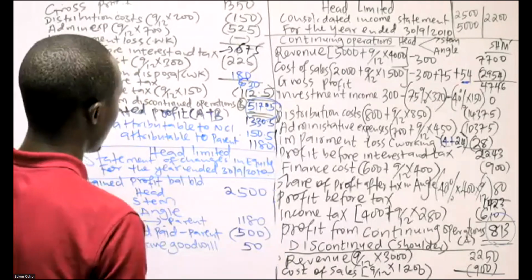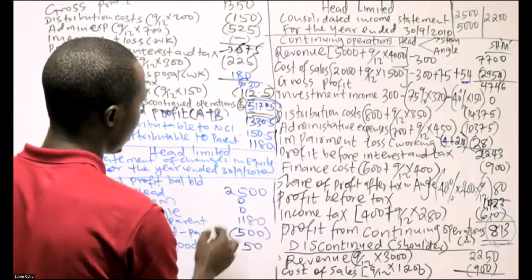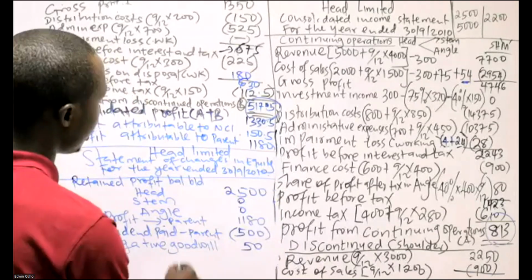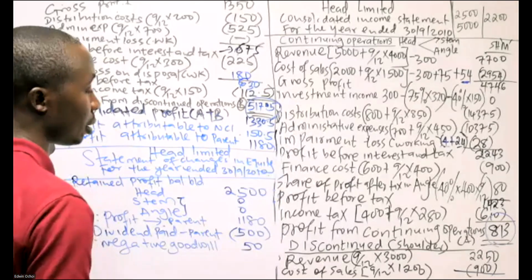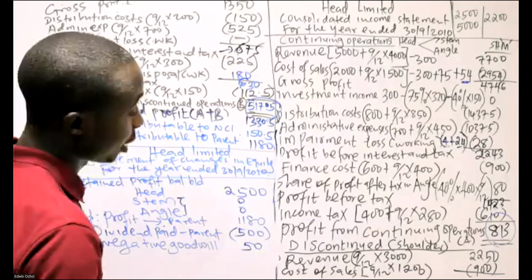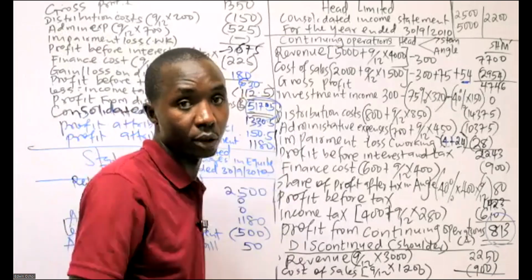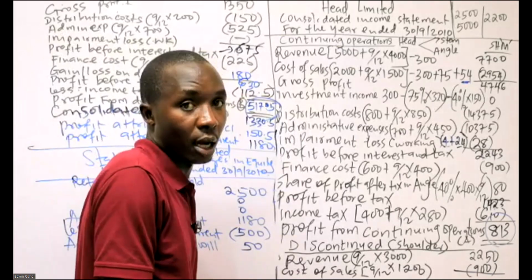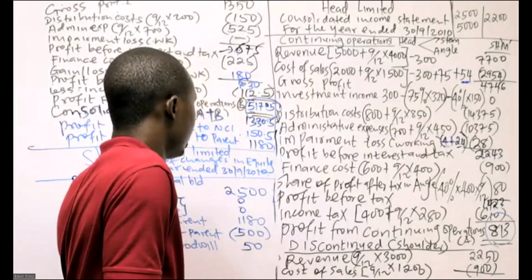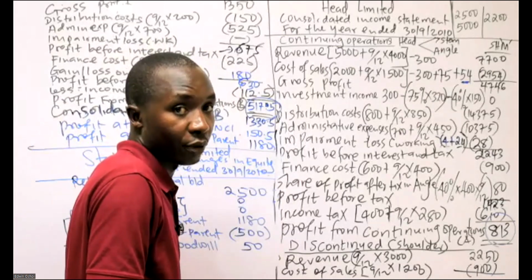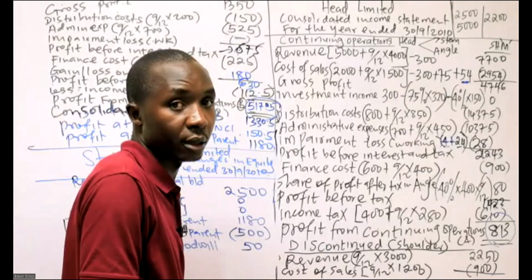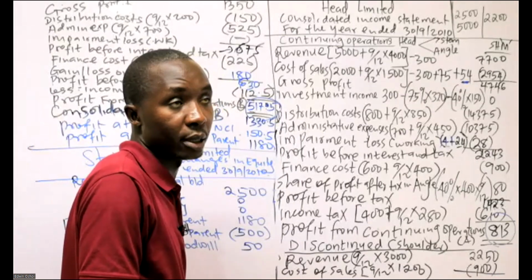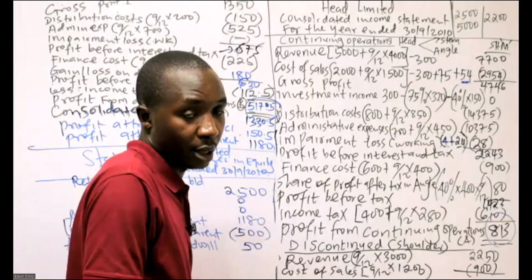What about for stem and ankle? 0, 0. Why am I recording 0 and 0? These two entities were acquired in the current year. Stem and ankle were acquired during the current year under consideration. We cannot say that there is a retained profit brought forward for the current year because they never existed in the previous years, so that we bring forward balances from the previous years.